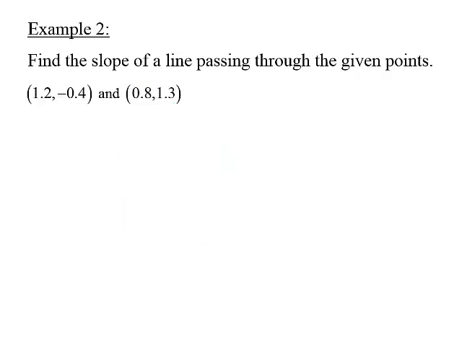To find the slope between 1.2, -0.4, and 0.8, 1.3, we do the same thing. We just have decimals here, but we label our points x sub 1, y sub 1, x sub 2, y sub 2, and substitute in. Y sub 2 minus y sub 1 is 1.3 minus negative 0.4 divided by 0.8 minus 1.2.